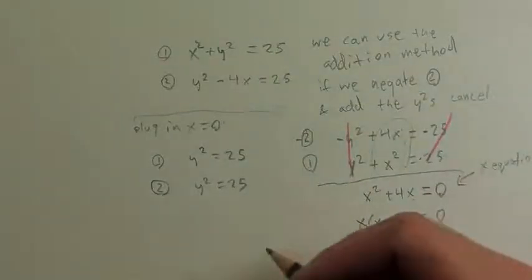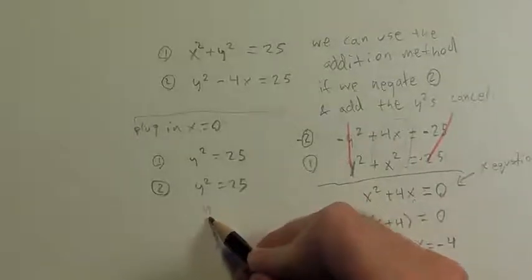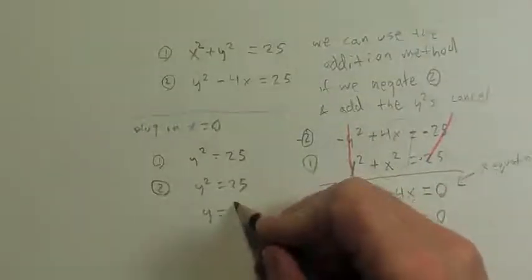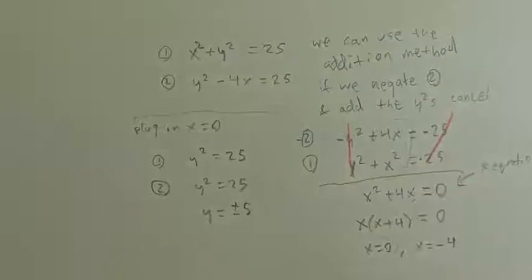So what that means is that y is equal to plus or minus 5. Remember, it's always plus or minus the square root. If you are doing this on MyLabs Plus and you're putting in some answers and you're missing some, it's telling you some things are wrong, that's probably what's happening.